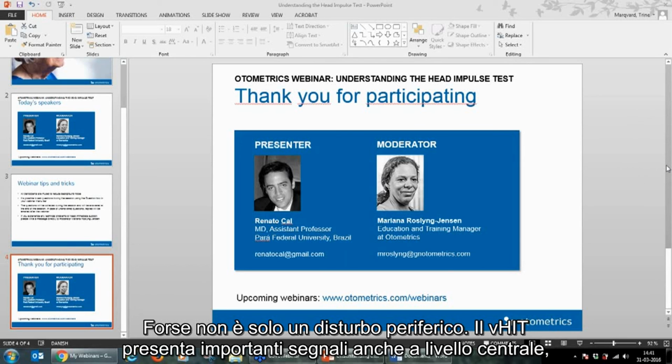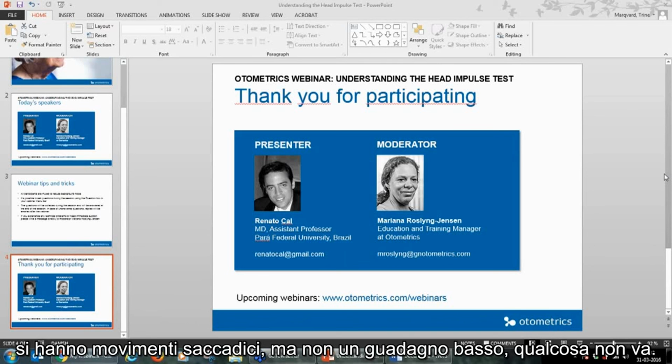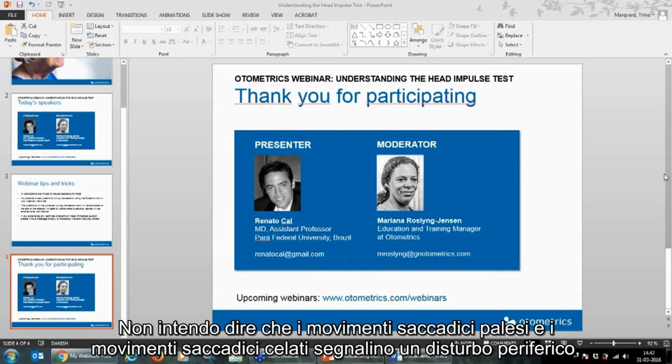You do have some very interesting central findings in the vHIT, and with central pathology in these patients, we have to pay attention. Sometimes, for example, if you have saccades but you don't have a low gain, something's wrong. Maybe it's an artifact, or maybe it's central.